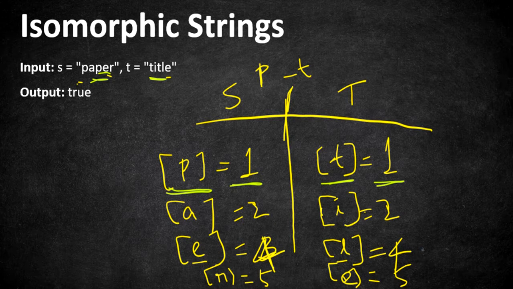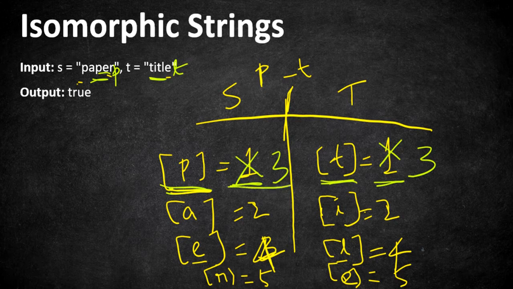Once we encounter the second occurrence of P and T, we will update our index to 3, because they occurred again at the third index. So suppose there is another character in both words ending with P and T, then while iterating we'll check whether P and T share the same index in the previous step or not.